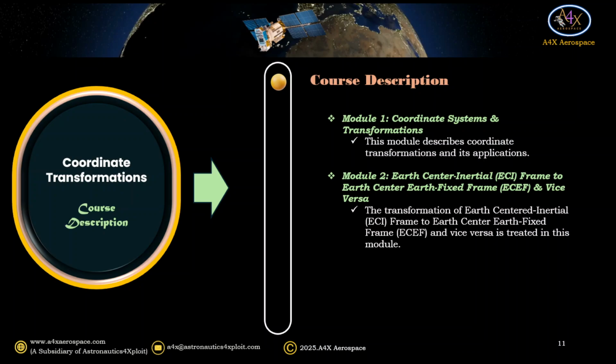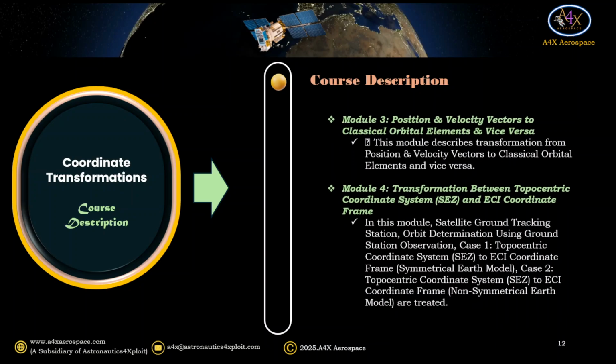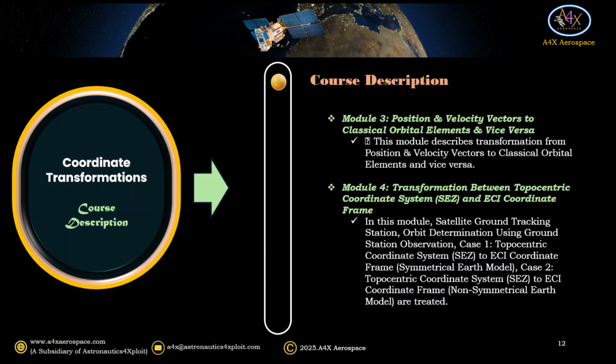Module 2, Earth Center Inertial Frame to Earth Center Earth Fixed Frame, and vice versa. The transformation of Earth-centered inertial frame to Earth-centered Earth Fixed Frame, and vice versa is treated in this module. Module 3. This module describes transformation from position and velocity vectors to classical orbital elements, and vice versa.